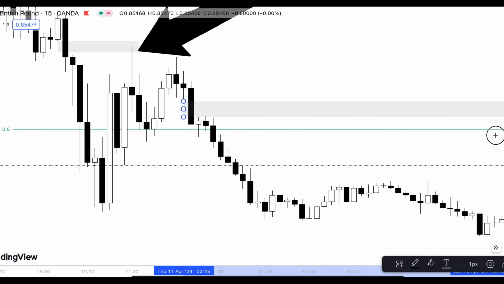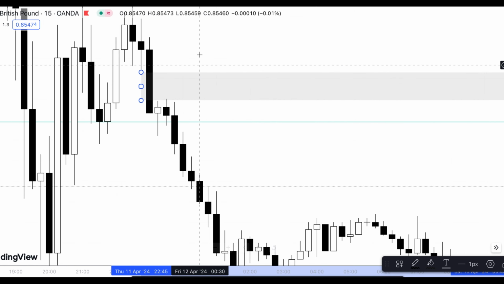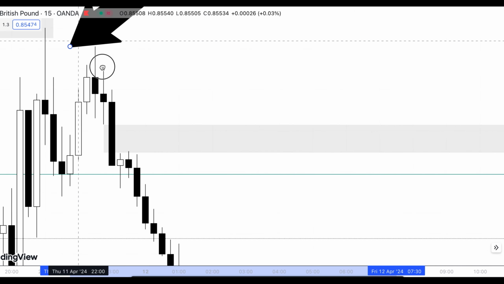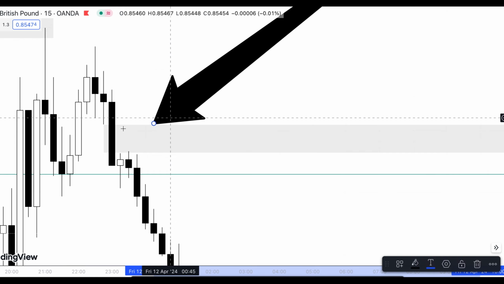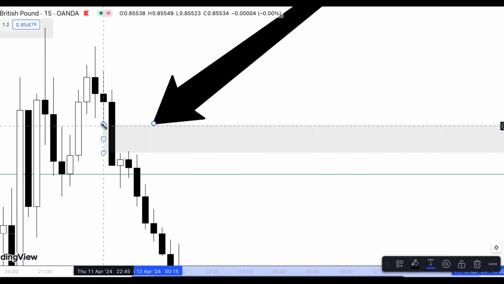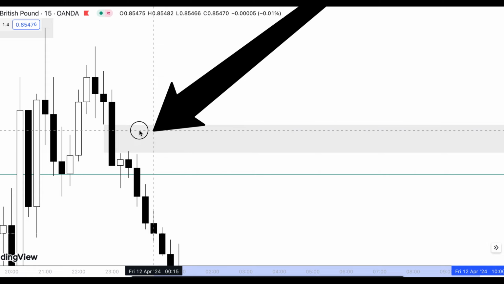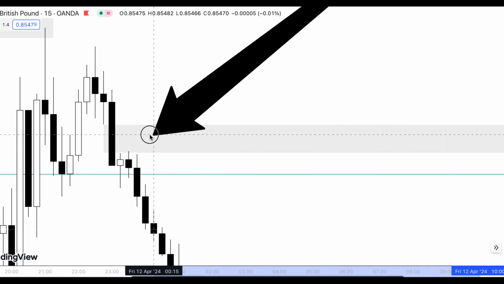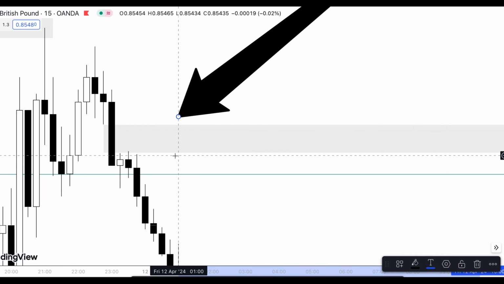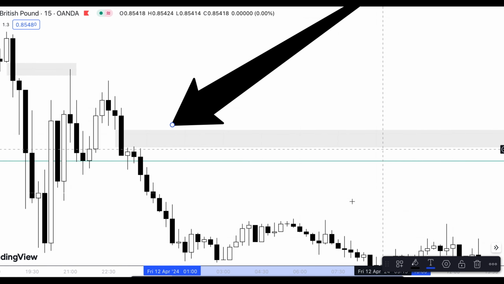So right here, where I have this gray box, on the next level, that is a gap. In between, in that gray box, there is space. And within that space, there have been no wicks in the market to come and fill inefficient price action that has been created by all the news and events in the economy.